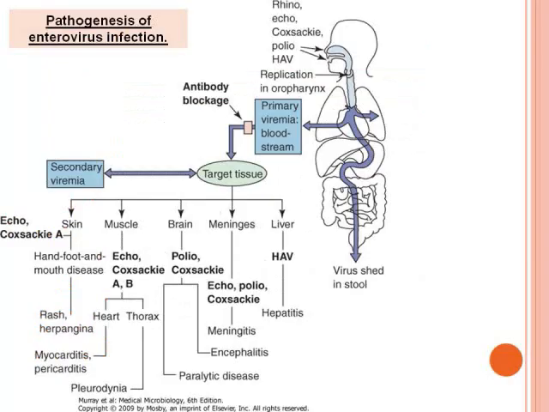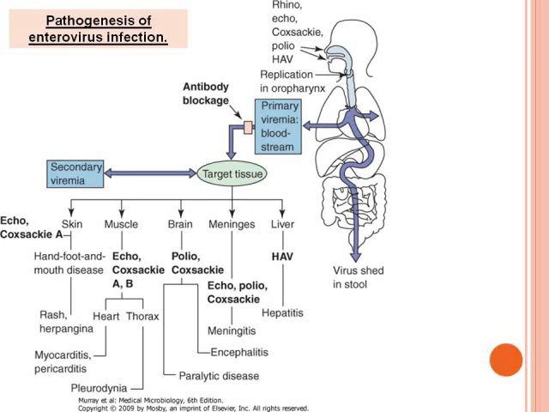Pathogenesis of a typical enterovirus infection as a whole. And remember, these are the basic things you have to keep in mind. It will be easier for you, because when we say pathogenesis, we're talking about the entry of virus, number one. Entry of virus, and where does it go?